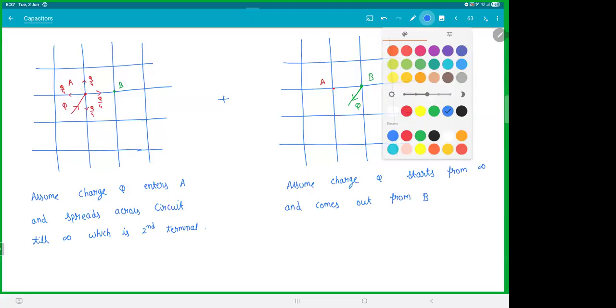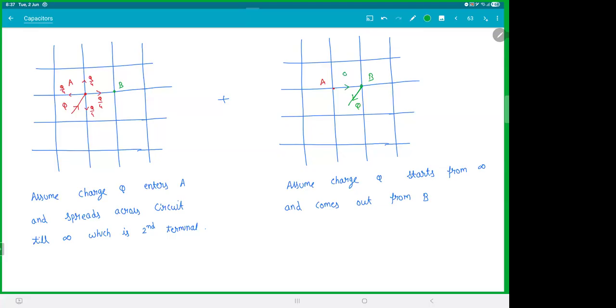Again, by symmetry, because you're taking it out, this would be Q by 4, this would be Q by 4, and this would be Q by 4 and Q by 4.